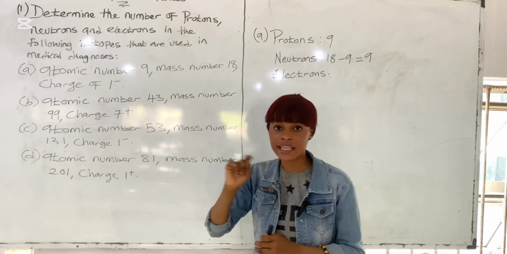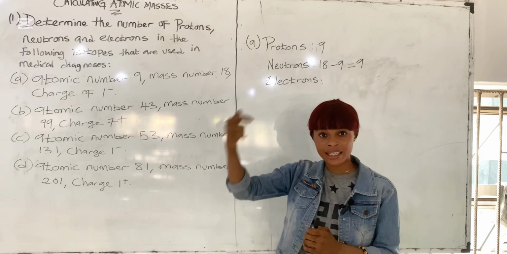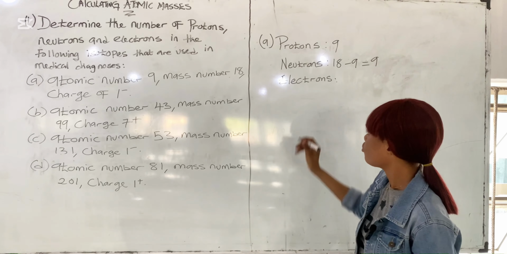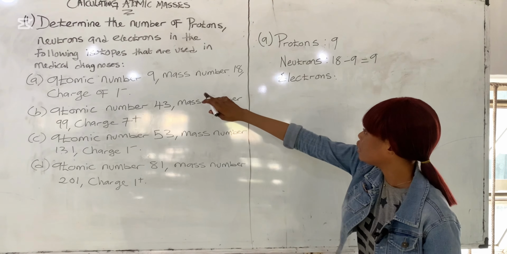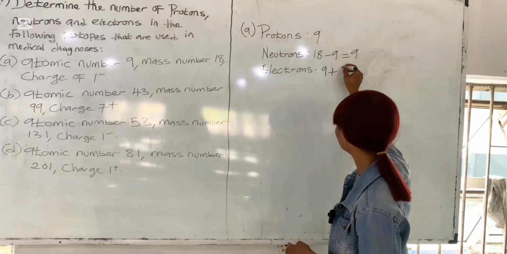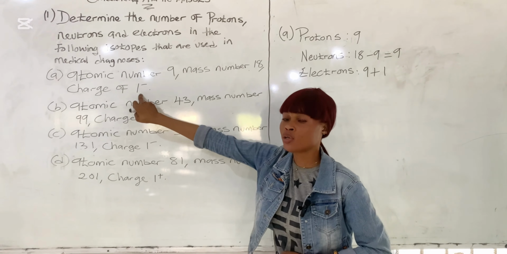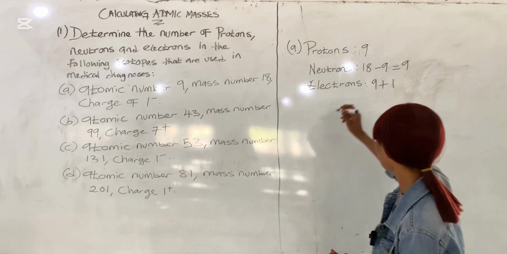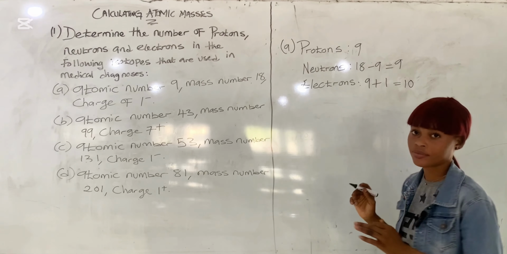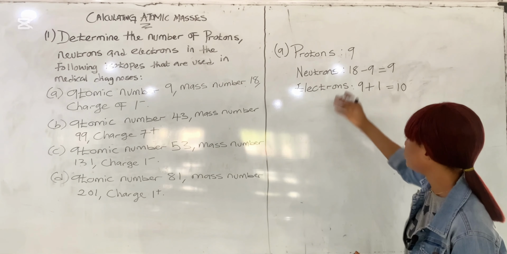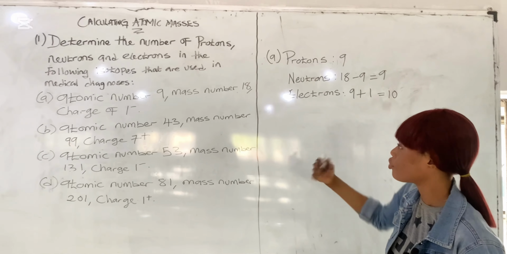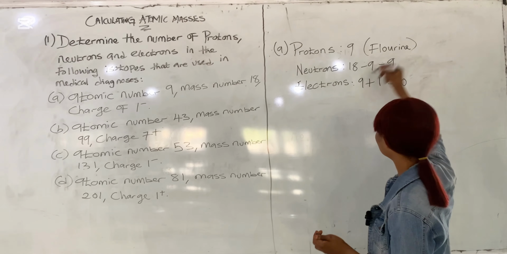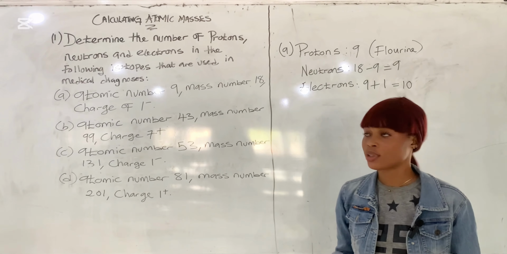So if it carries a negative charge, you add the number attached to that charge to the number of protons. For this element, our electron number is the number of protons, 9, plus 1, which was the charge. We add the charge since it carries a negative sign. So our number of electrons is 10. I hope you understand. Looking at this, we already know that this element is fluorine. Why? Because fluorine has an atomic number of 9. So that's for the first one.